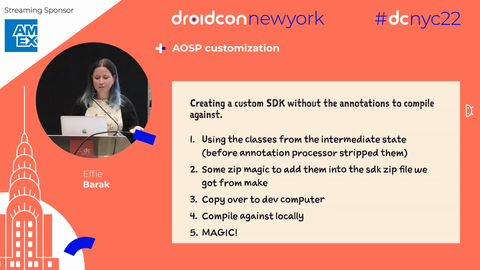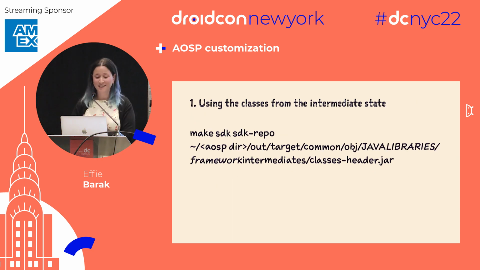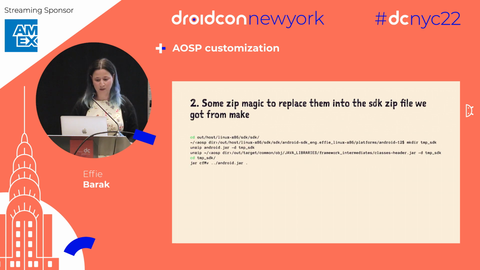So with some zip magic, we can take the intermediate state, put it in our final result, copy it over to our dev computer, and compile against that. So here's where you can find those intermediate build results.